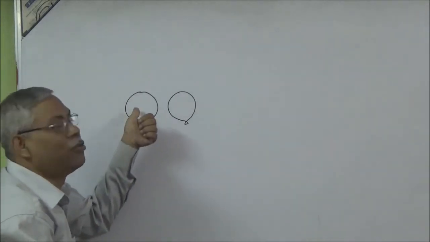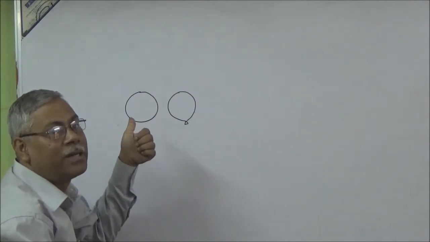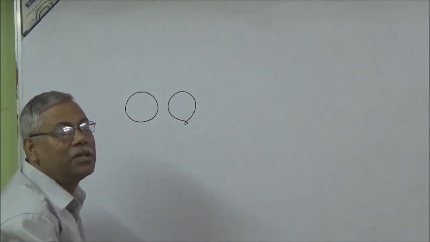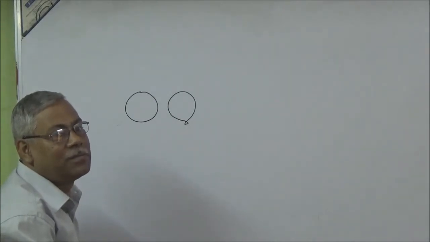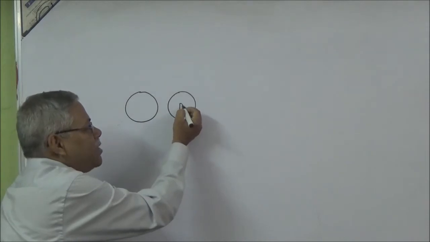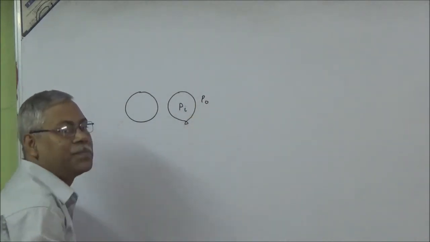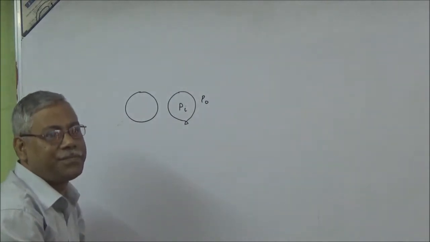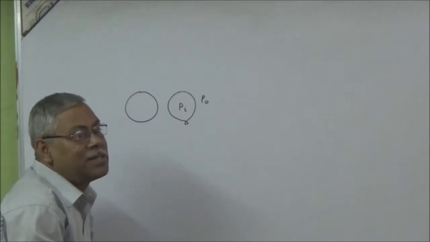Before we go into that, first we should know whether the inside pressure is greater or outside pressure is greater, or whether they are equal. Consider a balloon, the pressure inside is Pi, pressure outside is Po. Which one is greater? Pi is greater. How do you know Pi is greater?